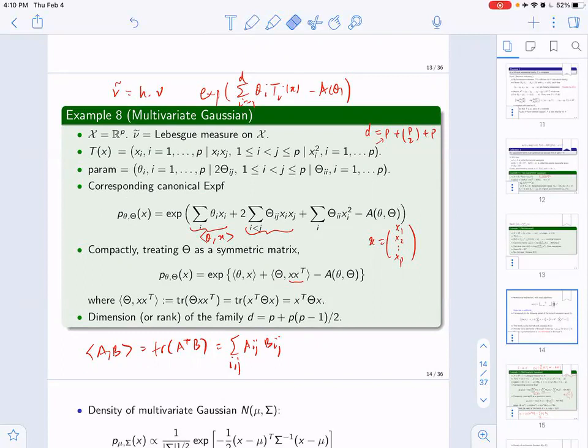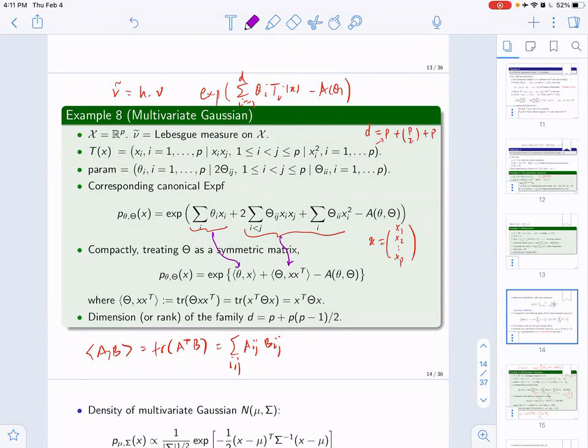Using that notation, I can write these two terms together as the inner product of theta with x x transpose. This would be this term, and this would be this term.